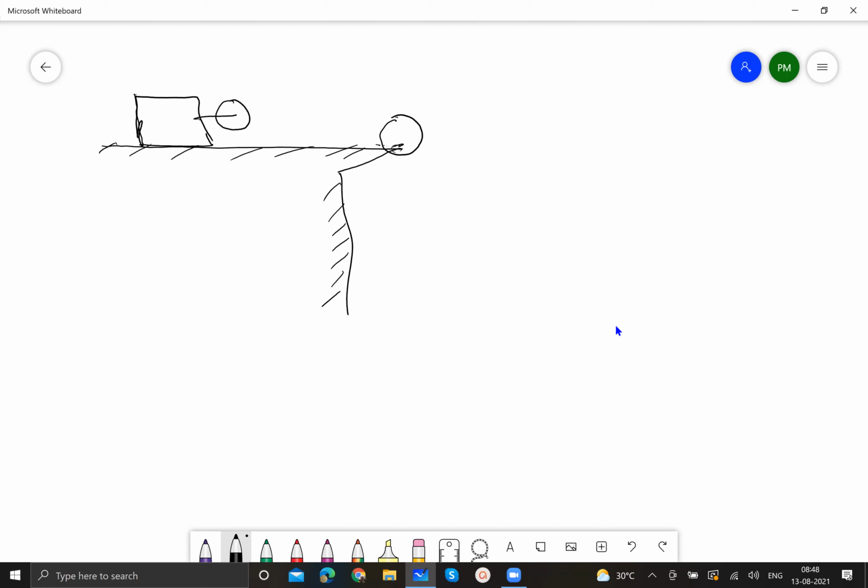So from the clamp, this is 1 kg. Here is 2 kilograms. So first, let us try to draw the free body diagrams.